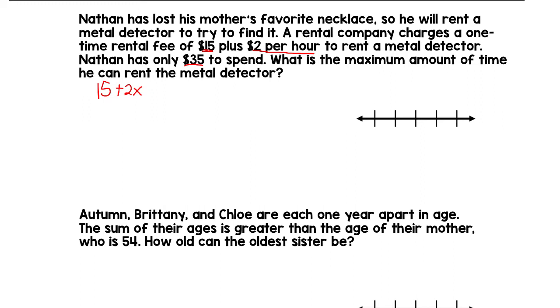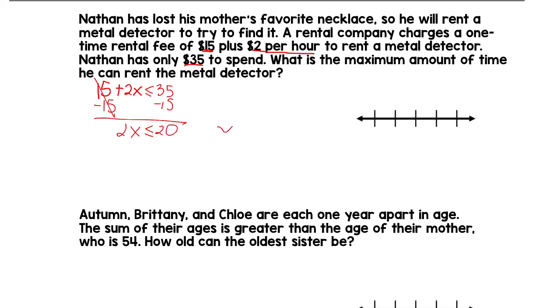If he's got $35 to spend, that means that he needs to spend less than or equal to $35 on this metal detector. We want to know how much time he has. So only one x, we'll leave it there. Subtract this 15 from each side. 15s cancel. 2x is less than or equal to 20.